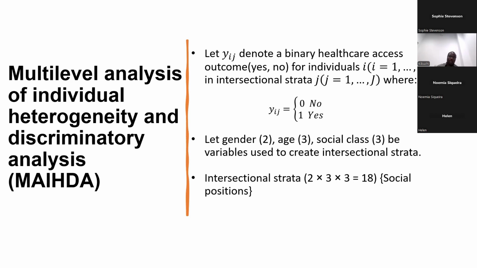In this case, gender has 2 categories, age has 3 categories, and social class has 3 categories. Then in total, we will have 18 social strata. So by modeling, we want to see, does health differ based on these 18 social strata? And each individual, from 1 up to N, 1,000 people, will fit into one of these groups.